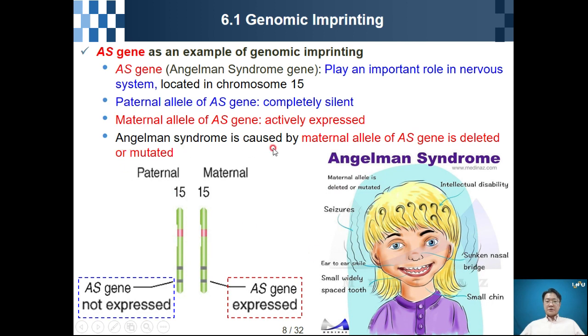Angelman syndrome is caused when the maternal allele of the AS gene is deleted or mutated. In that case, they show Angelman syndrome because the paternal allele of the AS gene is completely silent. So this is the AS gene as an example of genomic imprinting.